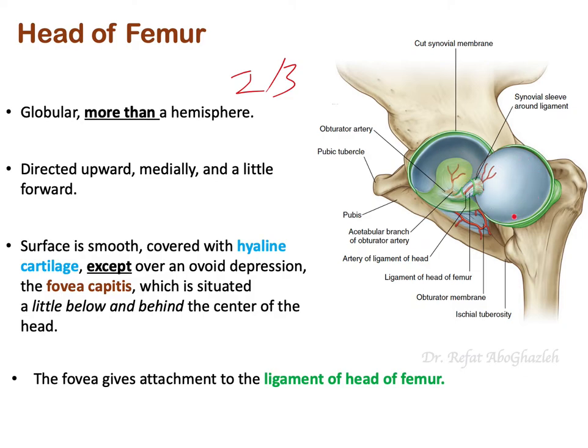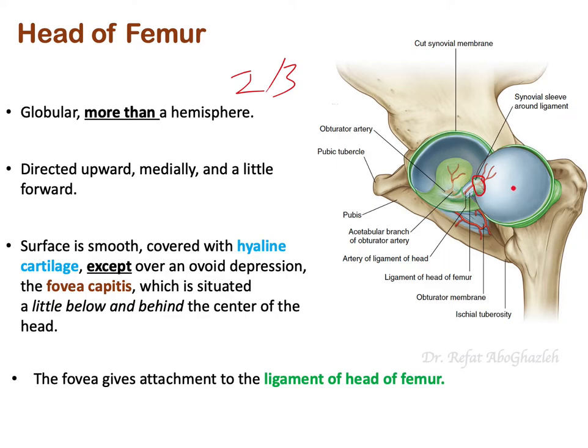It's a globular shape, smooth, covered by hyaline, as I mentioned, and near its center, not exactly in the center, there's a cavity, a non-articular part, known as the fovea capitis. We mentioned that previously. This fovea capitis is the location for attachment of an intracapsular ligament.